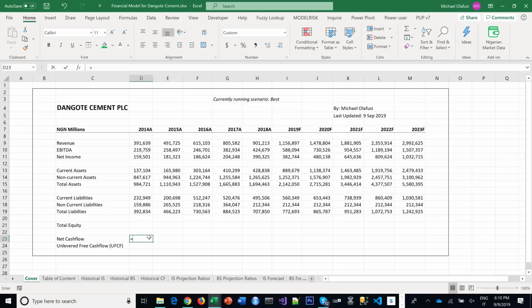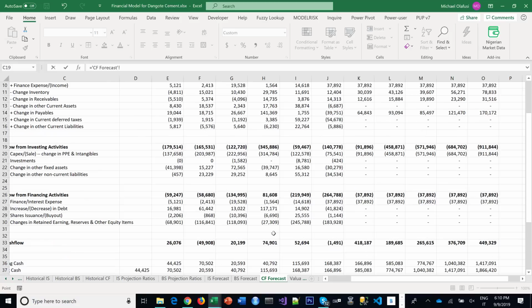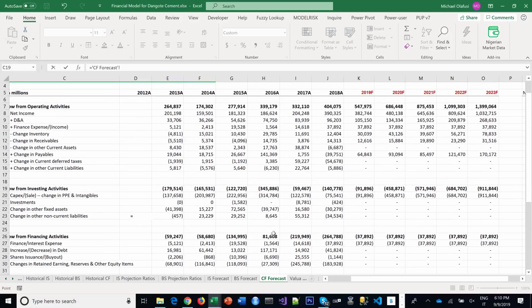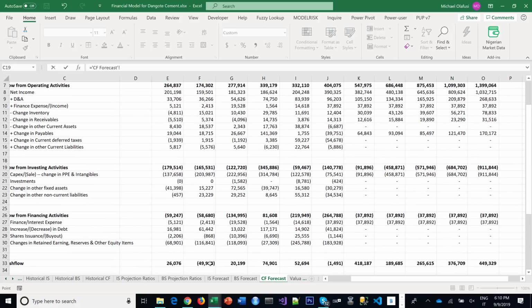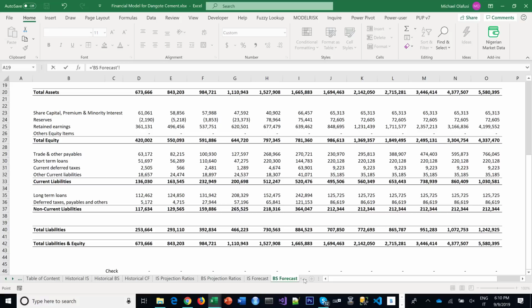Then the net cash flow, so the net cash flow from 2014, the unlevered free cash flow.